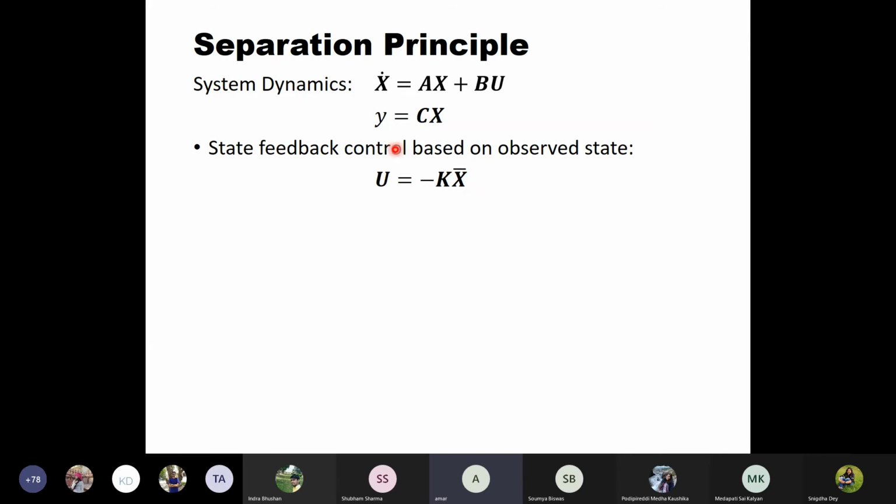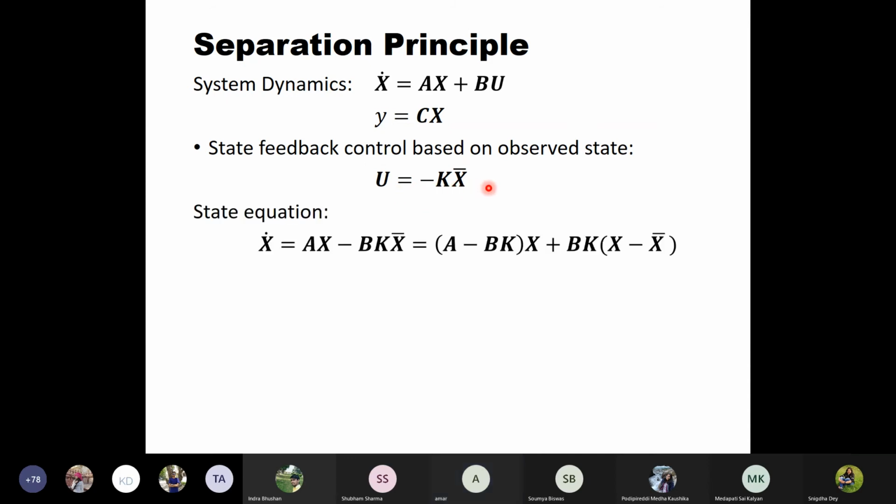Now when we have an observer implemented in the system, the controller equation will be minus K x bar, because x bar is the observed state. So the state feedback controller equation is now changed to u is equal to minus K x bar. If I put this, the state equation will become Ax minus BK x bar.